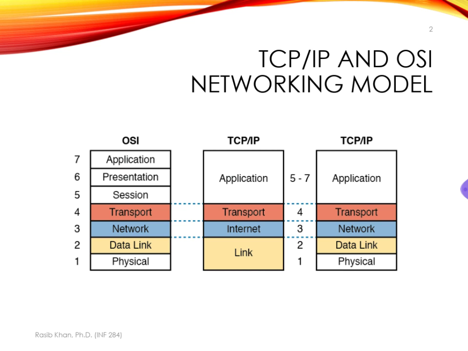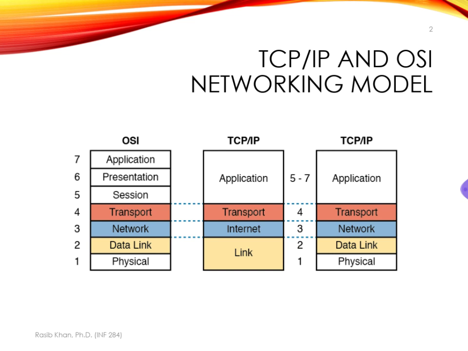First, we have the OSI networking model, which has 7 layers, starting from the lowest layer, that is layer 1, physical, and then we have data link, network, transport, session, presentation, application layer. The first version of TCP has 4 layers, the link layer, internet layer, transport, and application layer.